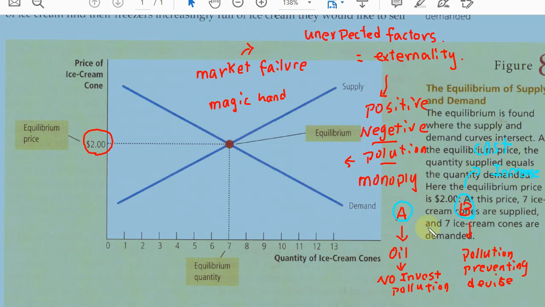But in the market, they compete together. In this case, as company A makes no investment in additional devices preventing pollution, A can have more competitiveness, right?